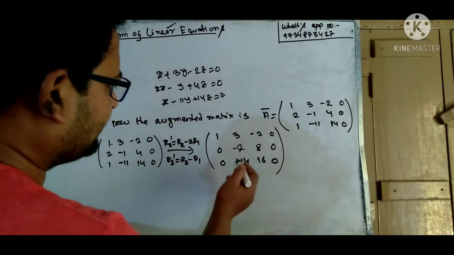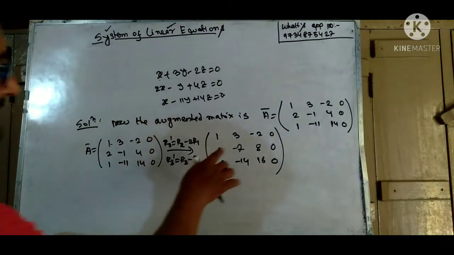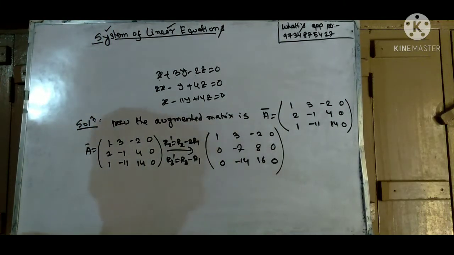In the second row, the first non-zero element is not 1. This is -7. So, what will we do?